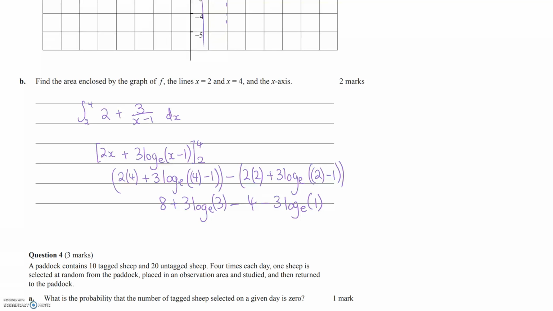I can keep working this through. 8 take the 4 just gives me a 4, and then this 3 log e, I'm going to change to log e of 3 to the power of 3, which is 27. And when I take away 3 log e of 1, I'm just going to make it log e of 1 to the power of 3, which is just 1.